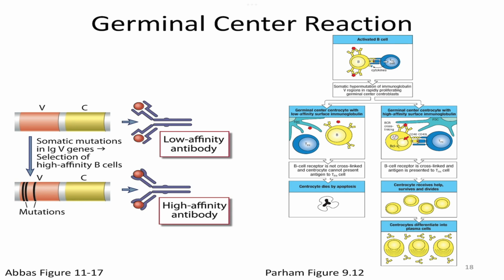And so what happens with our B cell is that it is going to acquire some mutations, and then that B cell is going to retest itself against antigen, particularly antigen on the follicular dendritic cell. If that cell does not bind to the follicular dendritic cell, then we see this process that's happening on the left, where that cell gets no further signals, no more pats on the head, and that cell undergoes apoptosis.